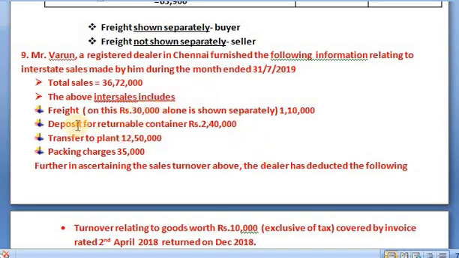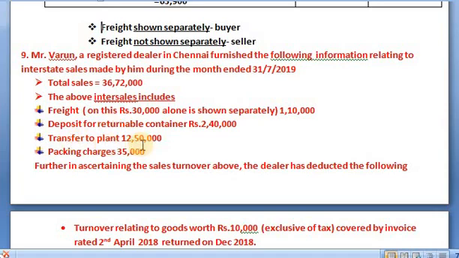Okay, next, deposit for returnable containers. I was saying that returnable containers are not charged; the buyer pays a deposit for them, and that has been added in this. In general we ignore this, but it is added here in this 36 lakhs. So let us go for deducting even this deposit for returnable containers. We need to deduct this. Next, transfer to plant.